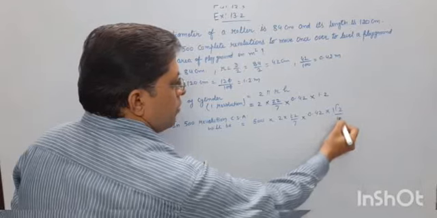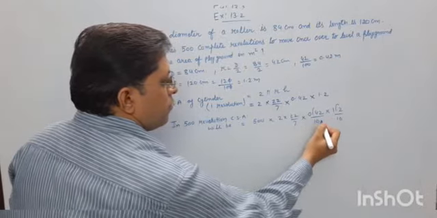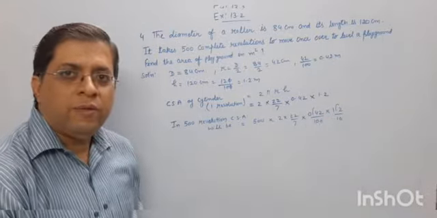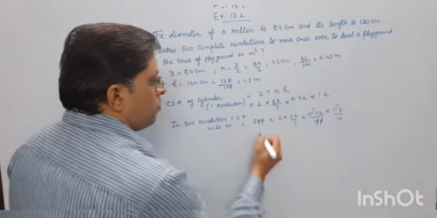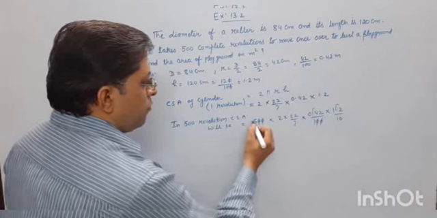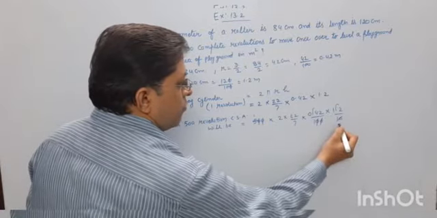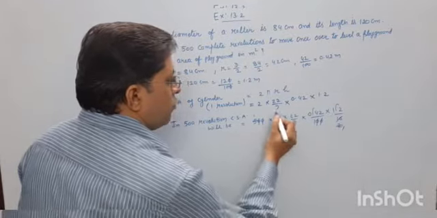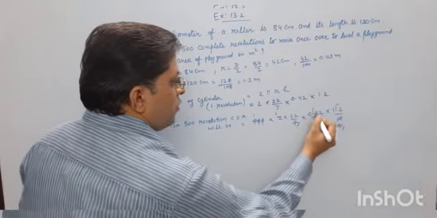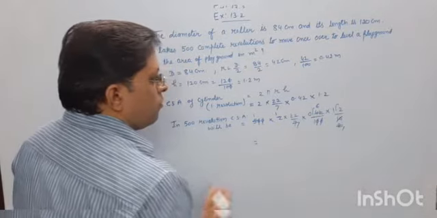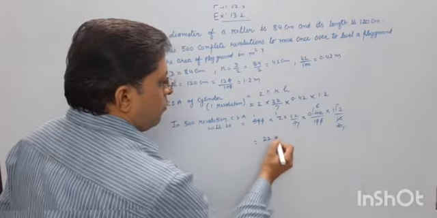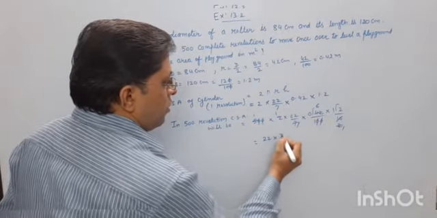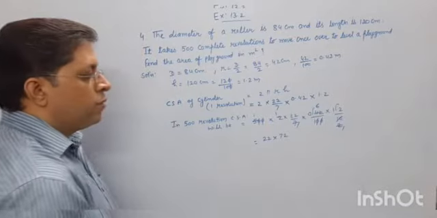See, 10, this is 100. Is that clear? So the 2 zeros here will cut. 5 1s are 5, 5 2s are 10, 2 1s are 2, you cut. 7 6s are 42. Then what will come? 22 into 12, 6 12s are 72.